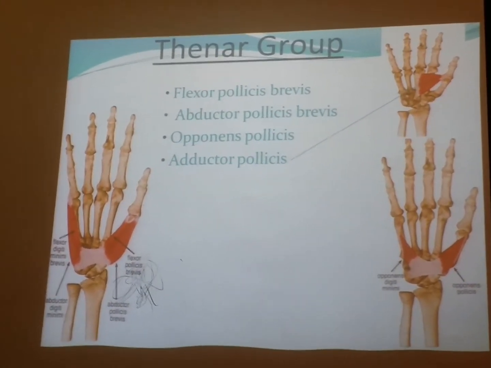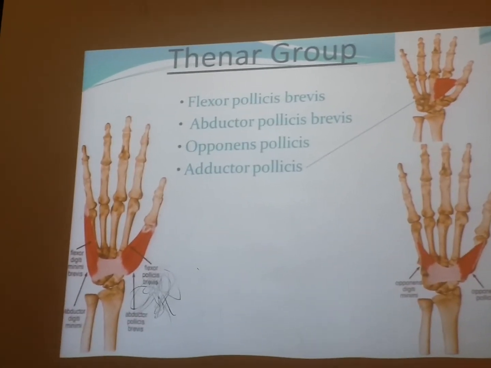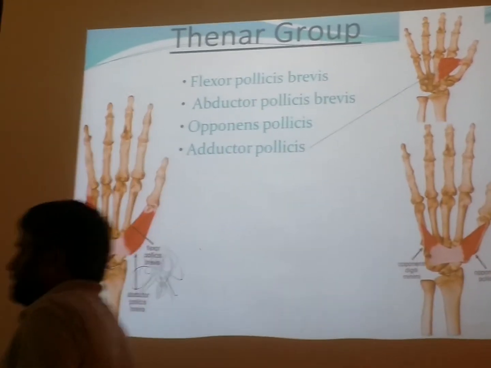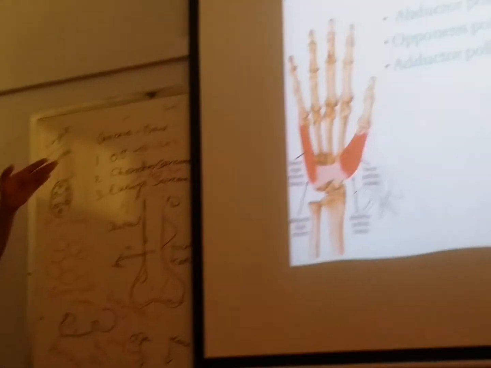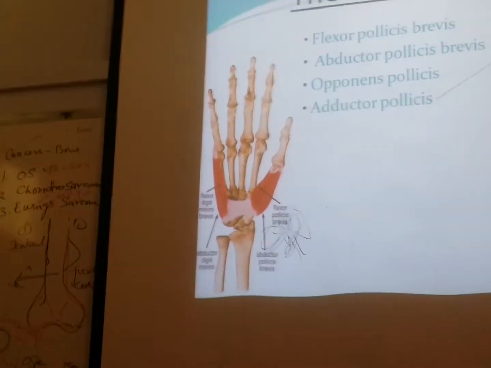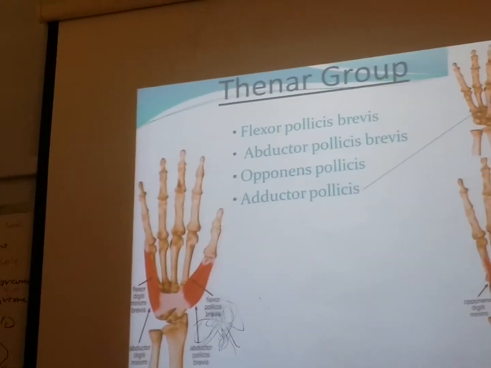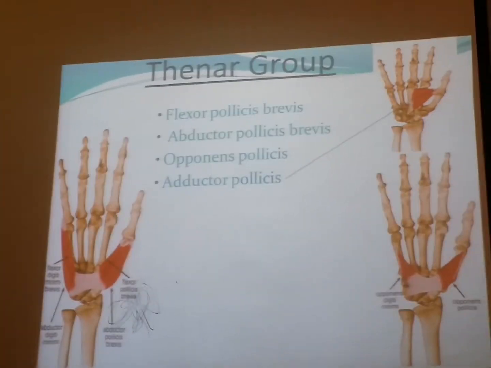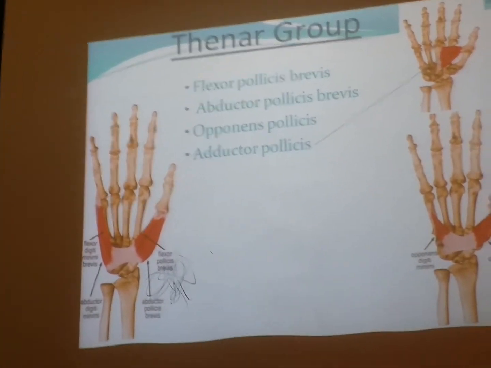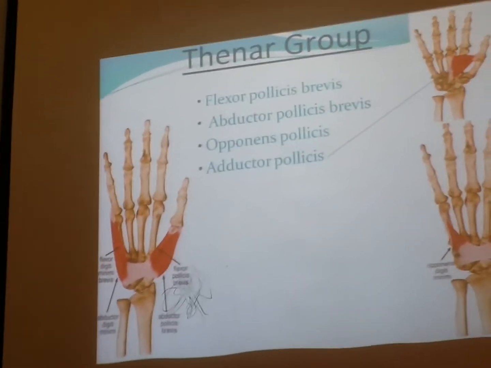Yes, you find 4 muscles in the thenar eminence. How many? 4 muscles. And if you look into the names of those muscles, they explain their action. So you have flexor pollicis brevis. What is that? As we already discussed, pollicis means thumb.